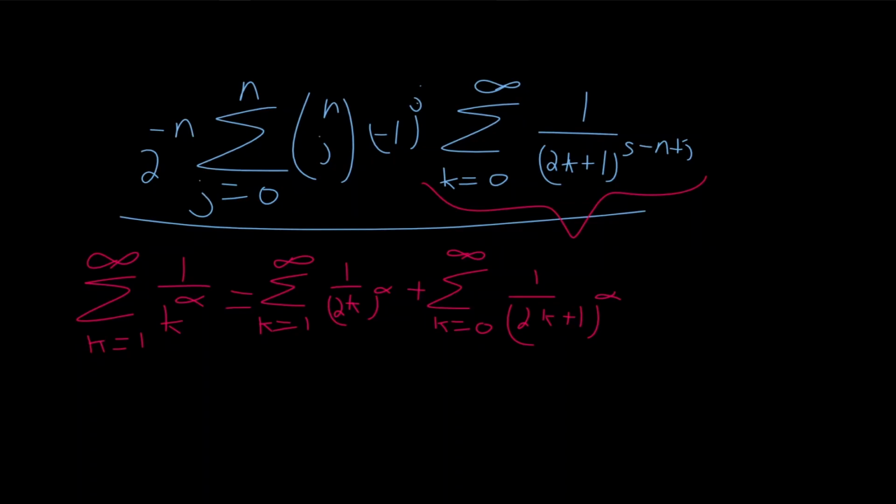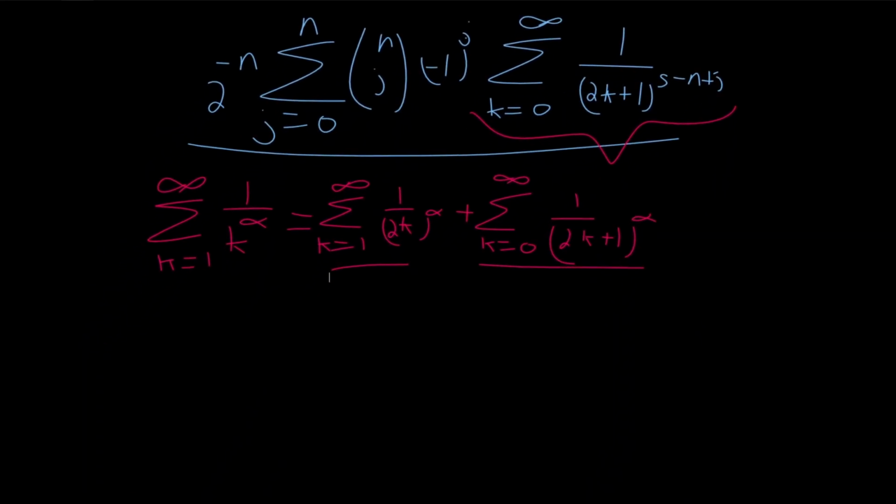So to actually find the value of this right here, which is more or less what we have above, we can just go ahead and subtract this right here from both sides, and factoring out a 1 over k to the alpha, what we end up getting is just 1 minus 2 to the minus alpha, and then times the sum from k equals 1 to infinity of k to the minus alpha, but that right there is just going to be zeta of alpha.